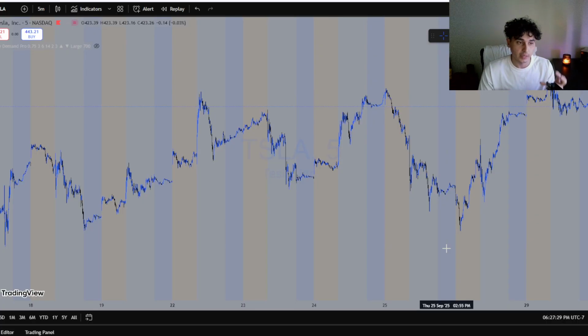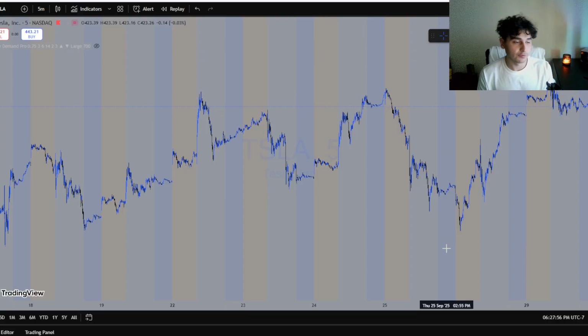And obviously, whenever you have a lot of buying pressure or buying orders being inputted into the markets, price is going to be moving up. And then vice versa, when you have a ton of selling orders starting to come in, obviously price is going to be moving down. So you want to look at your demand zones as the buying zones and the supply zones as the sell zones, right? So quick explanation on that. Now let's go ahead and hop on into how we exactly do that.